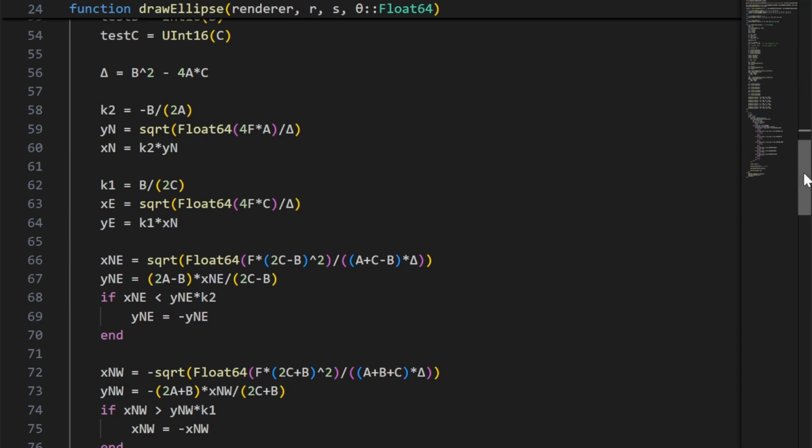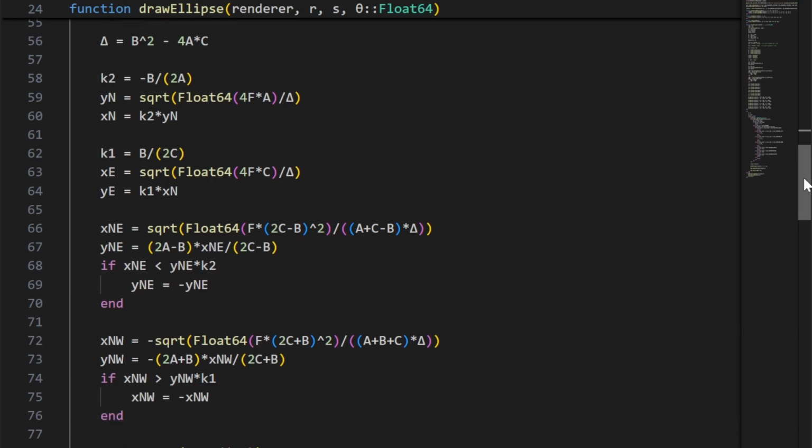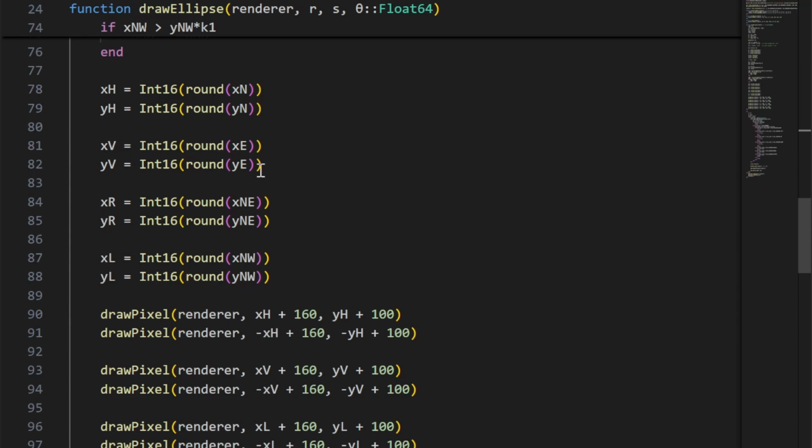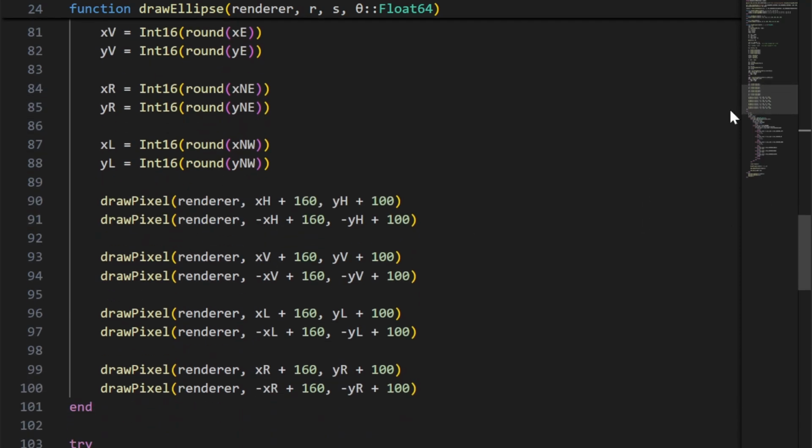So those are the 4 points, and of course the other 4 points would just be reflections of these about the axes, so we don't need to actually bother computing those. And of course I'm going to round these values to integers, and those are the starting points for 4 of our arcs on our ellipse. And then the final piece of code, of course, just draws those 4 pixels and their reflections.